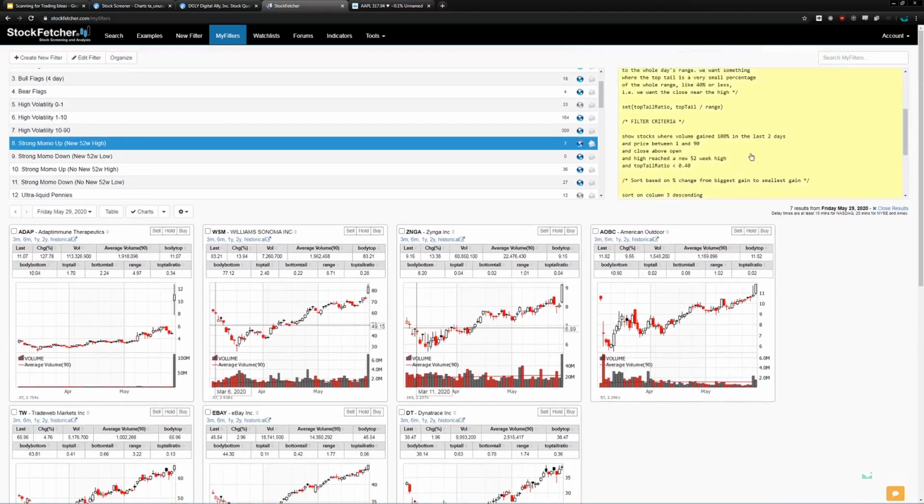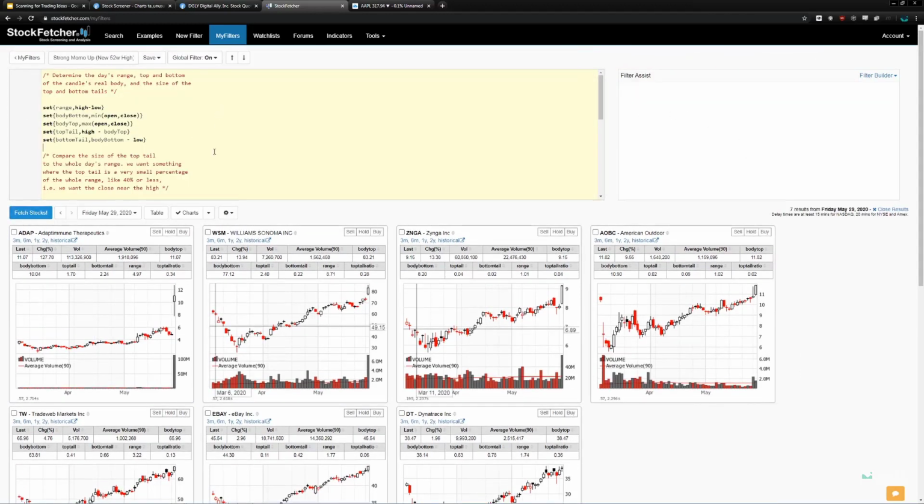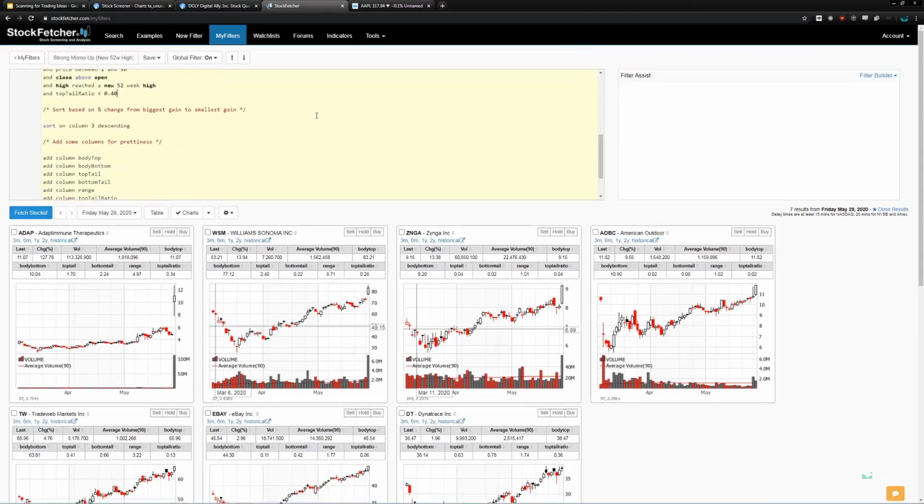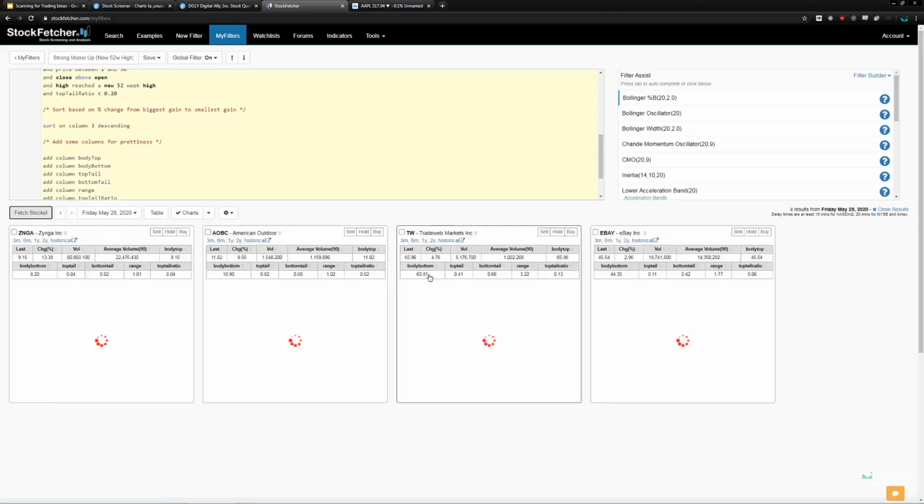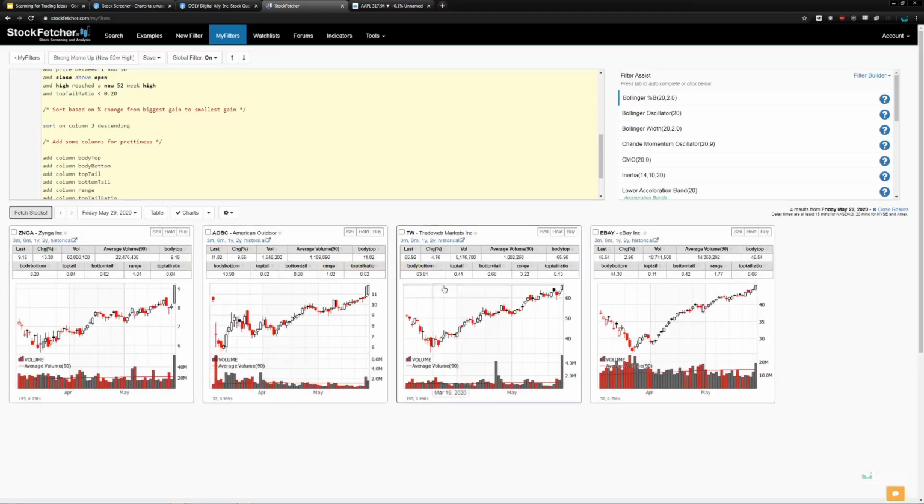So this is what Stockfetcher is really cool for, because if I want to eliminate that in my scans, I can just shrink this down to say, I want the top tail ratio less than 20%, and then fetch again. And now I end up with only stocks that pretty much closed on their highs.